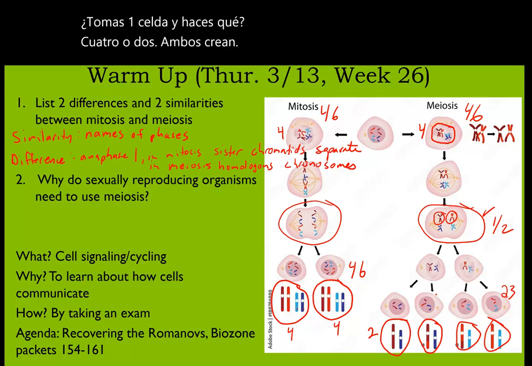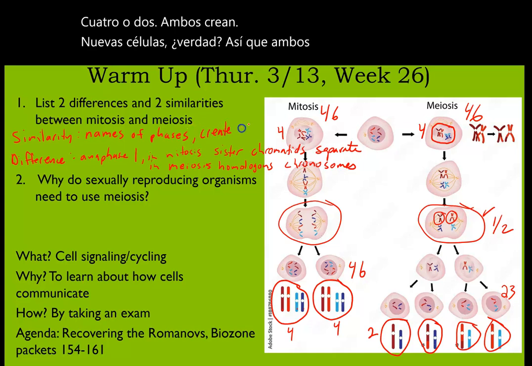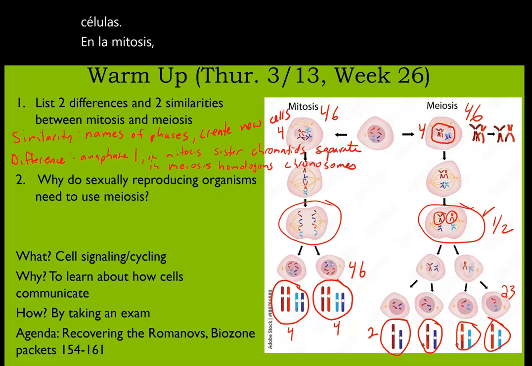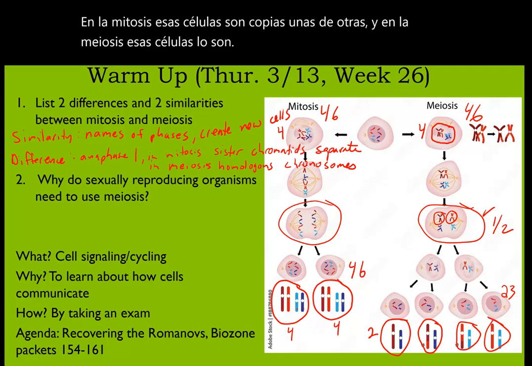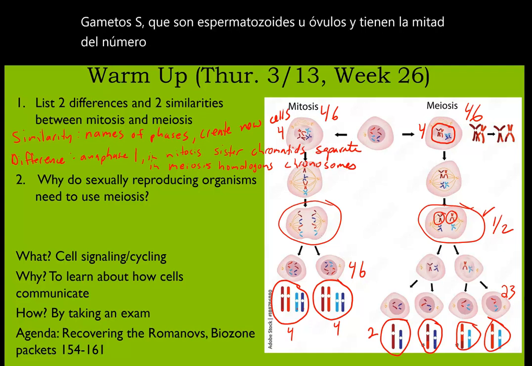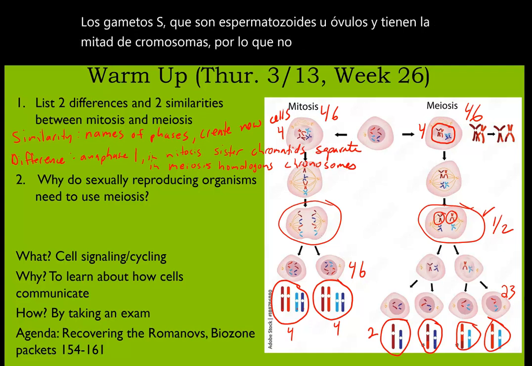So they both create new cells. In mitosis, those cells are copies of each other. In meiosis, those cells are gametes, which are sperm or eggs, and have half the number of chromosomes. So they're not copies of the parent cells.